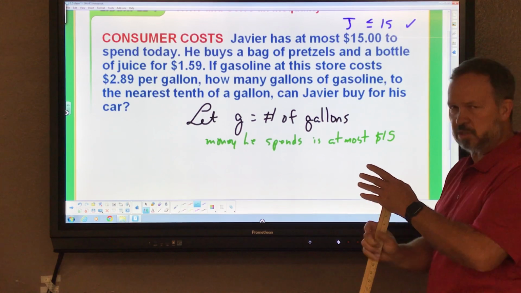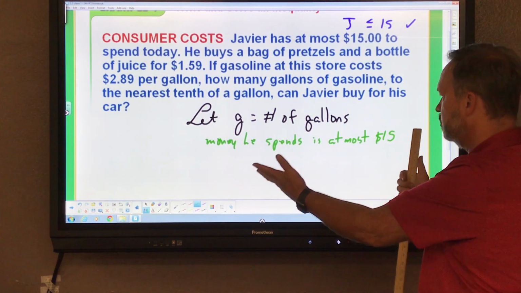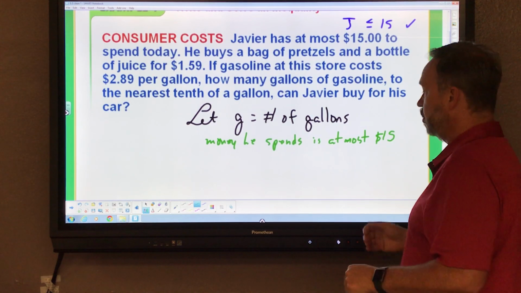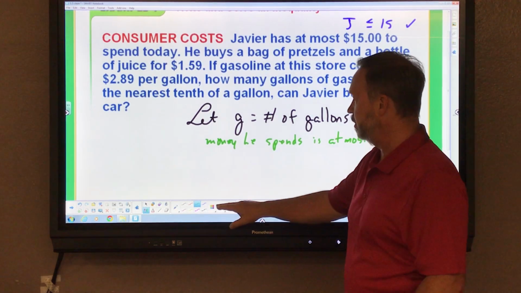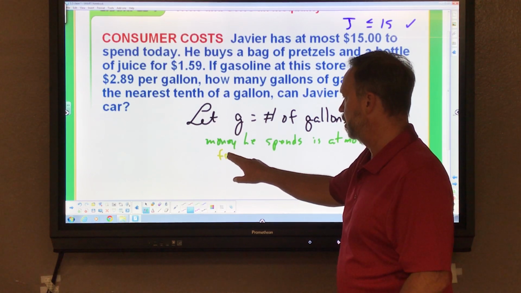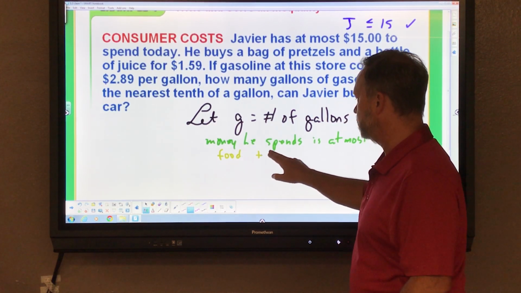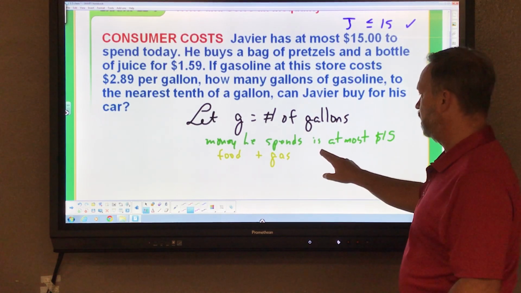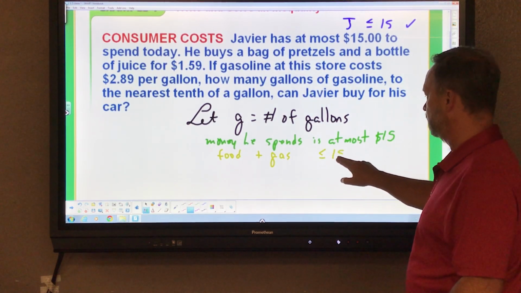Okay, it's like, yeah, that's what they're saying, money he spends is at most $15, okay? So how much money does he spend? Well, he spends that, food money and gas money. And that has to be less than or equal to $15, right?